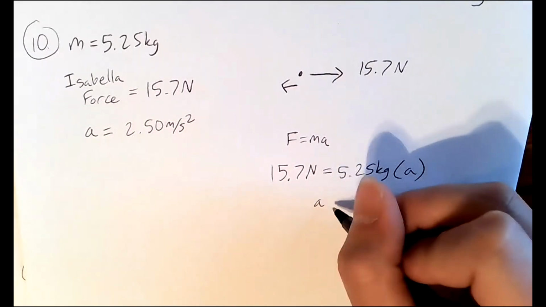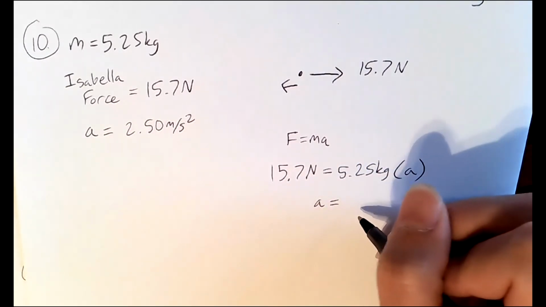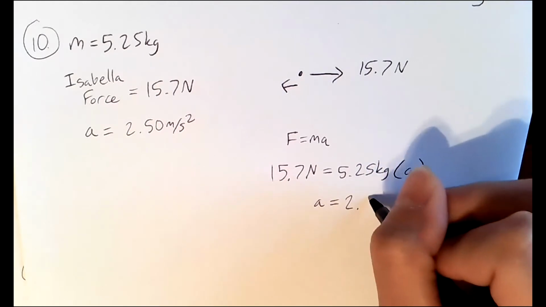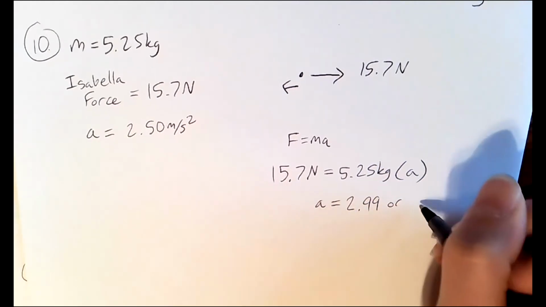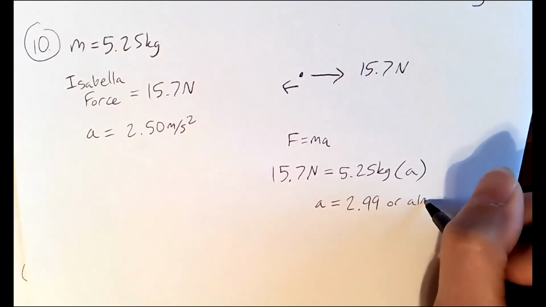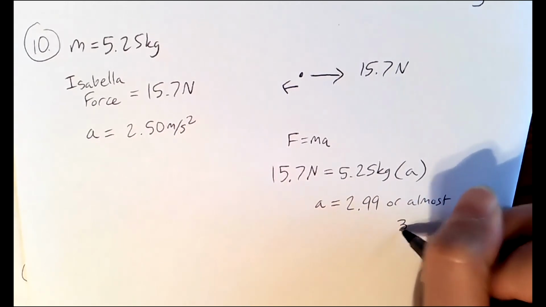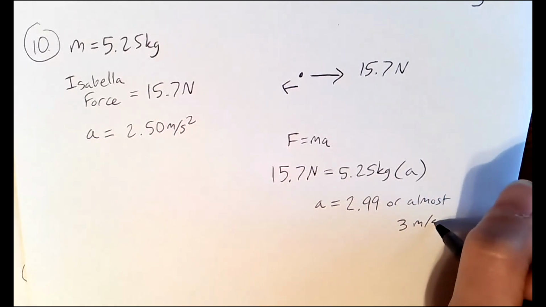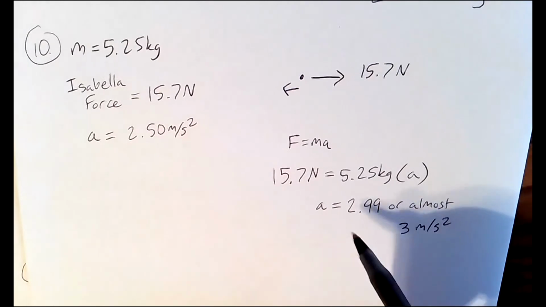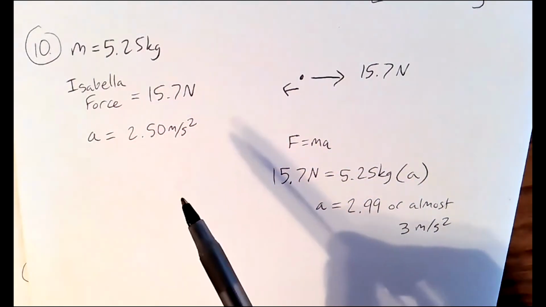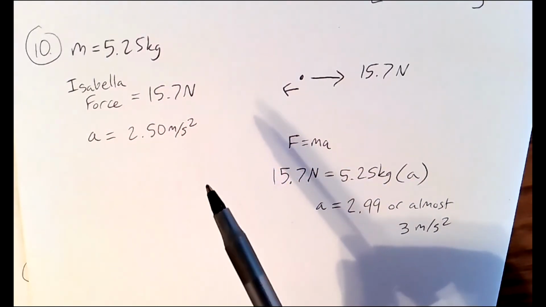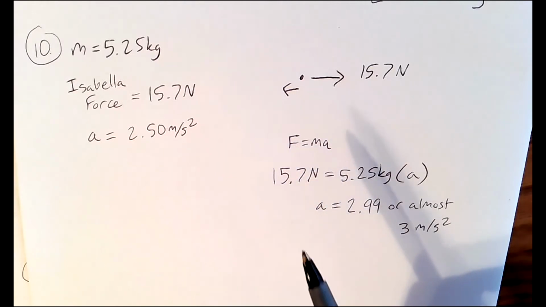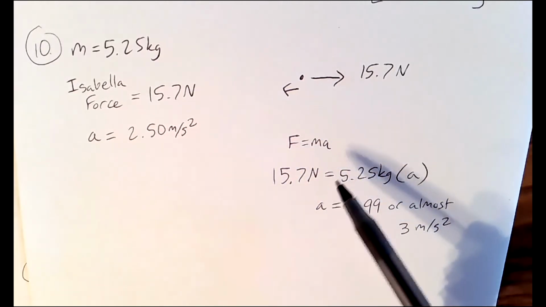So if there were no friction, a would equal 2.99, or almost 3 meters per second squared. However, it's only going 2.5 meters per second squared.